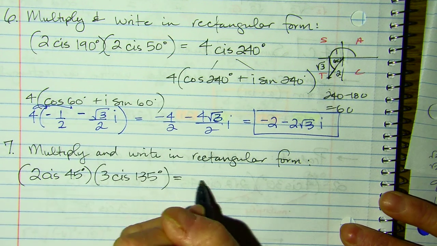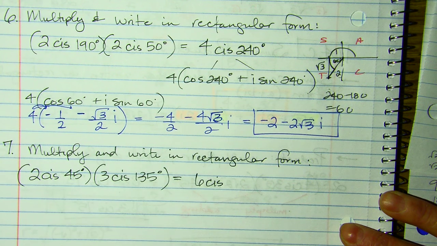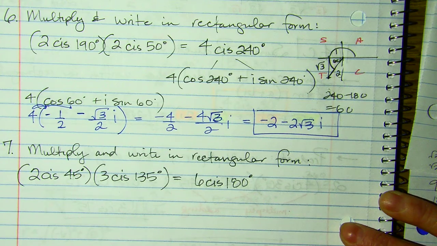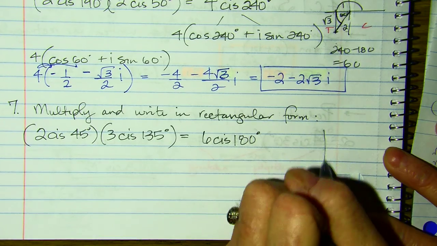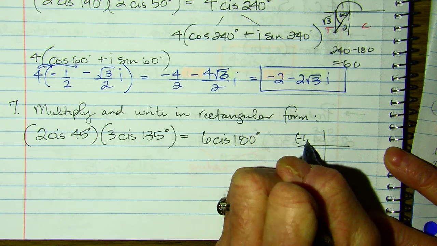So if I multiply this, 2 times 3 is 6, cis 45 plus 135 is 180 degrees. So I'm going to draw that. Here's 180 degrees, and my coordinates are negative 1, 0.